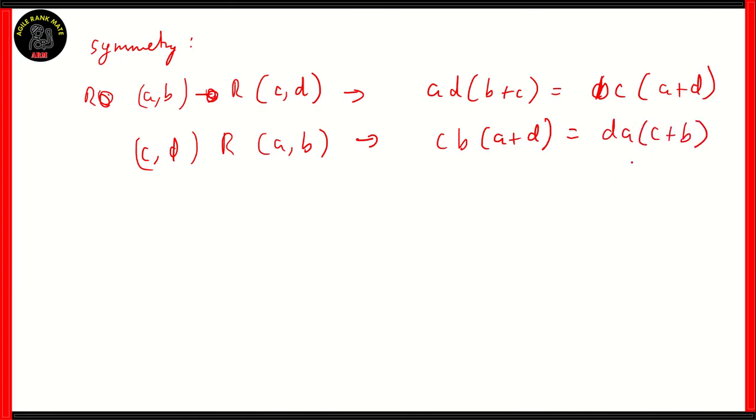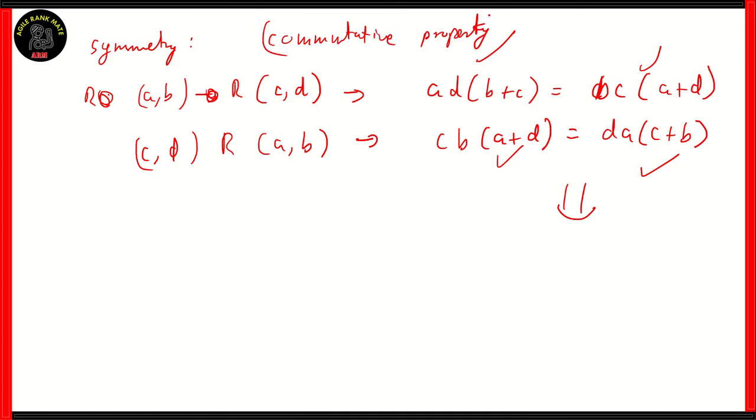Now if you look at it, this term is the same as this term, which is the same as this term. We can prove that by multiplying out. Again, the commutative property ensures that all four sides are the same.